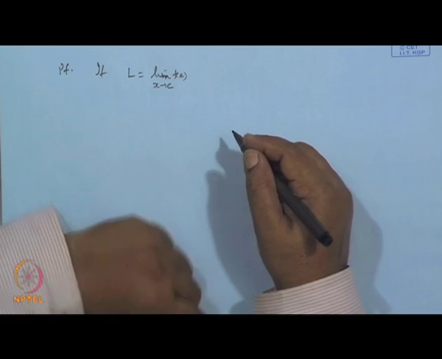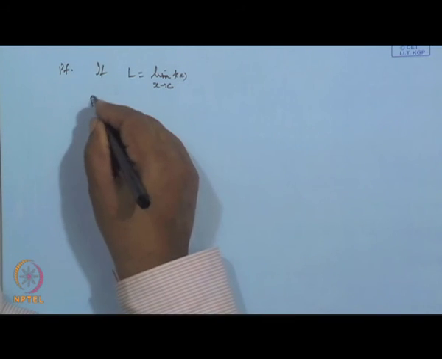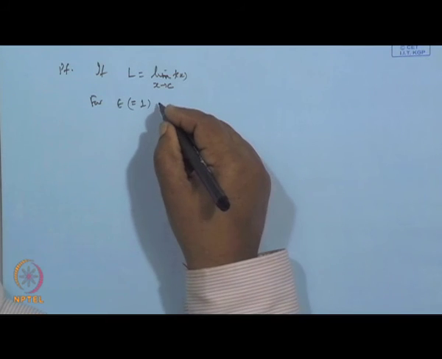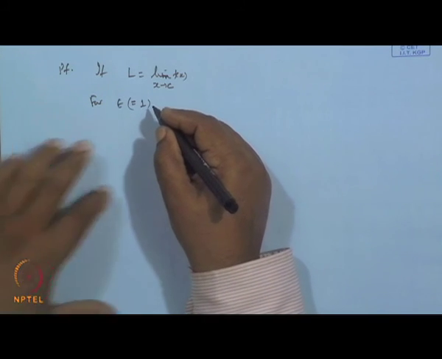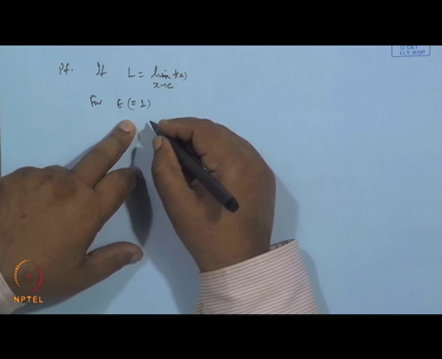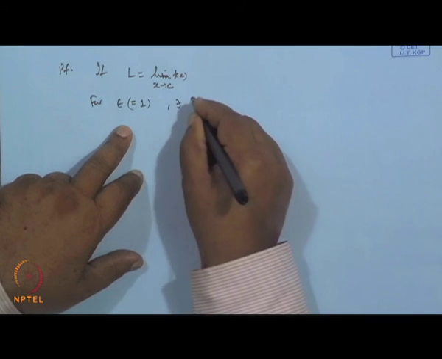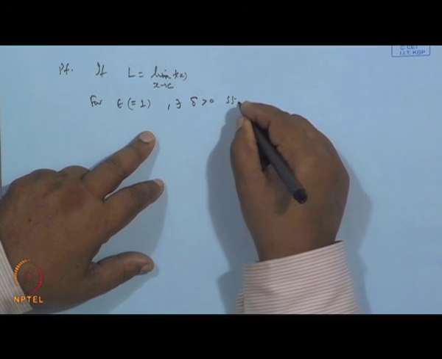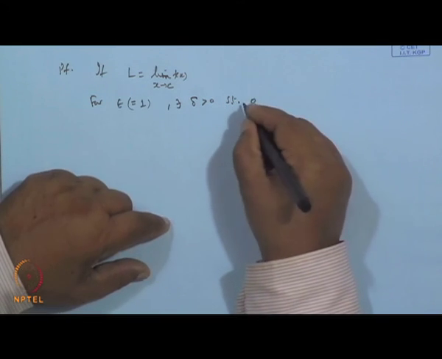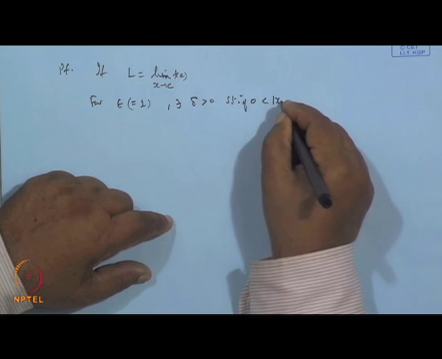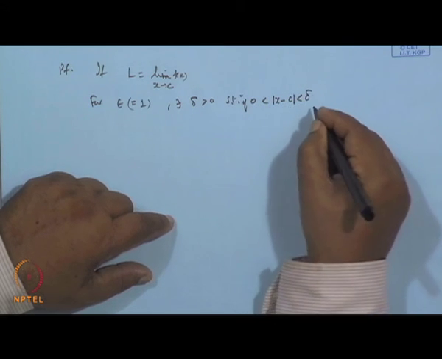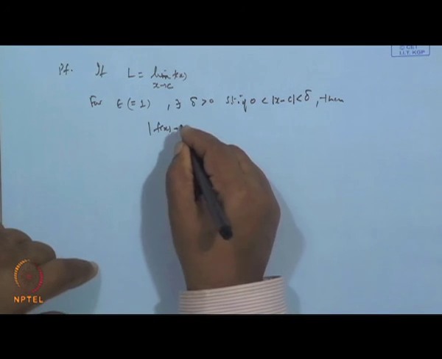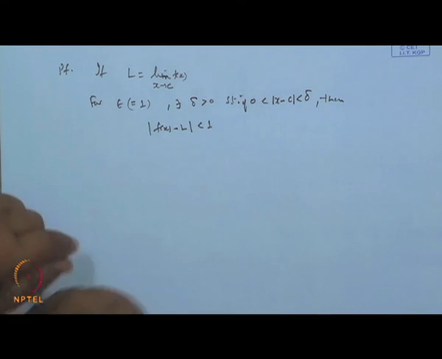By definition, for a given epsilon, I choose epsilon to be 1, there exists a positive delta, such that if 0 is less than mod x minus c less than delta, then mod of f x minus L is less than 1.